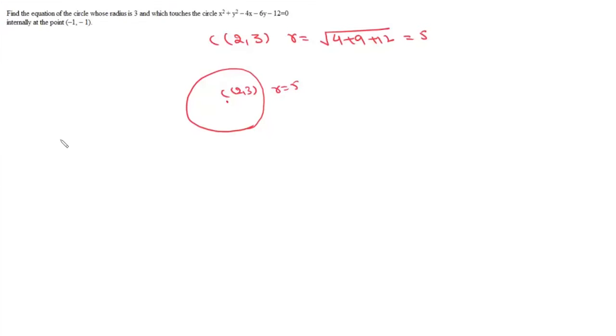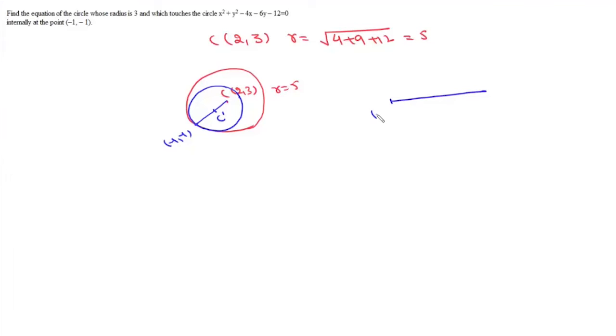And we need to find the equation of this circle whose radius is 3 and which touches this circle at (minus 1, minus 1). Now let the center be C dash. Now we have to find the center of this circle.